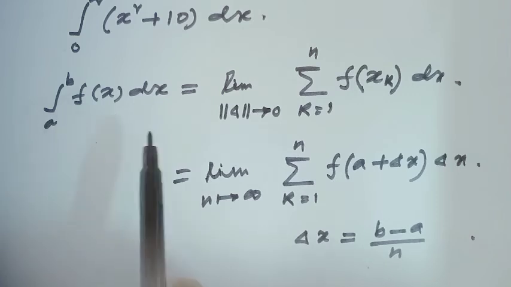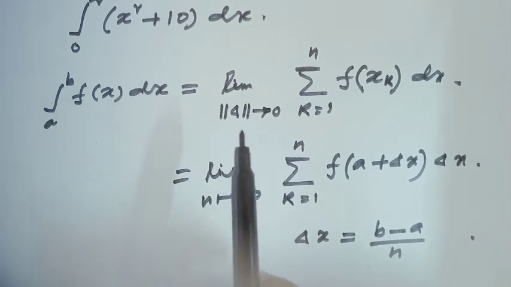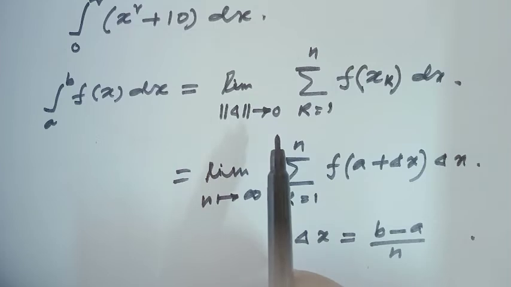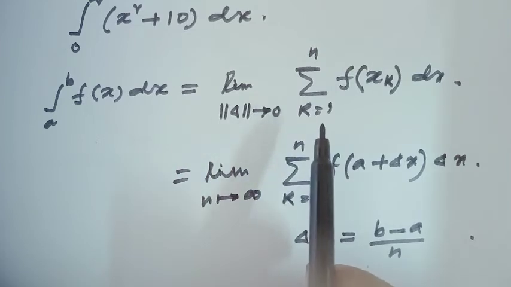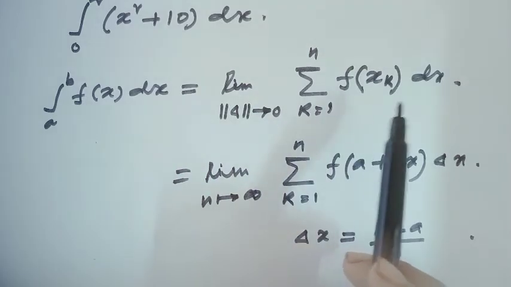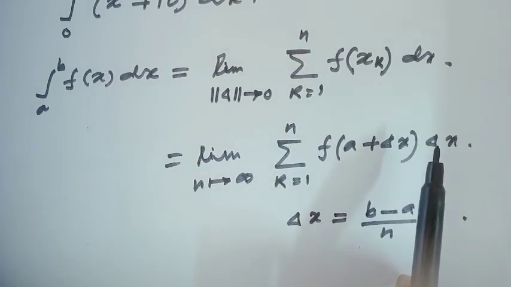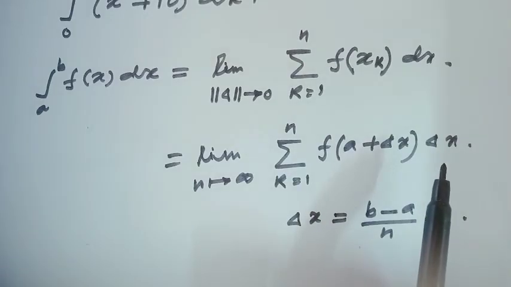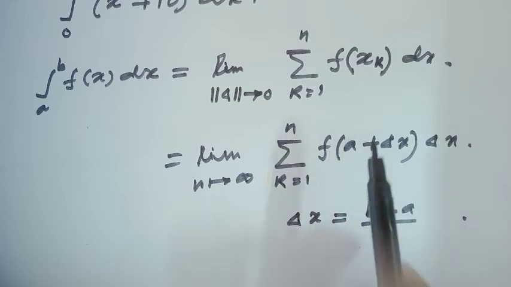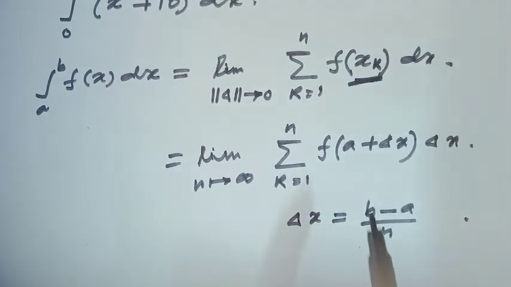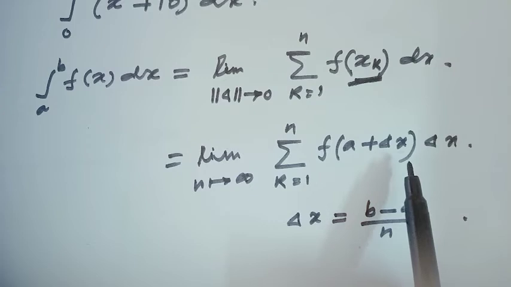Integral a to b f(x) dx equals limit delta tends to 0 of the summation k equal to 1 to n f of x_k delta x, where f of x_k equals, just put the expression, f of a plus k delta x times delta x.